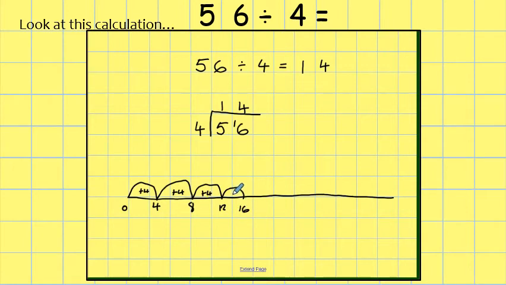We might forget to label our line. Now I'm starting to get bored by doing all of these jumps of 4, and you can see my number line is beginning to get to the end.